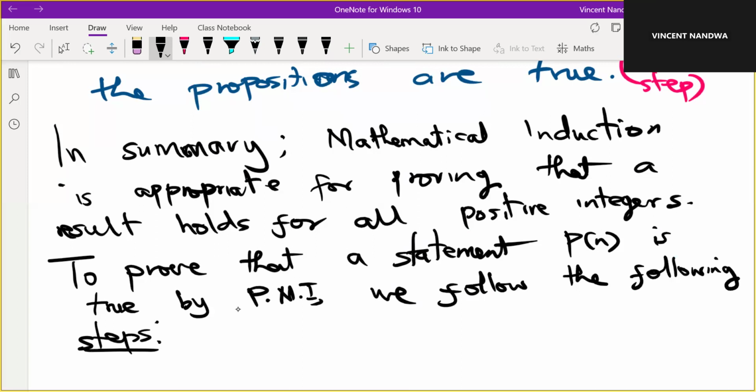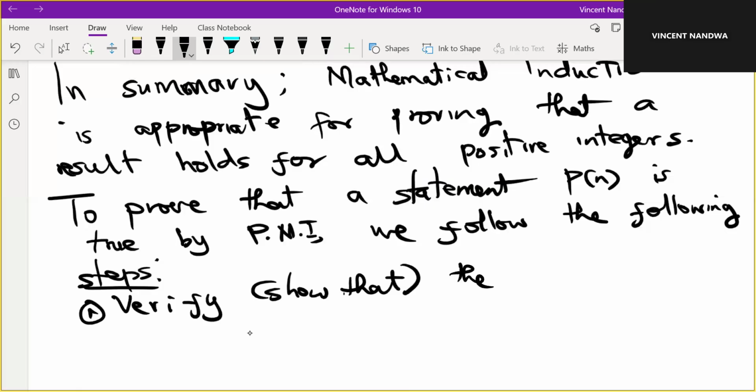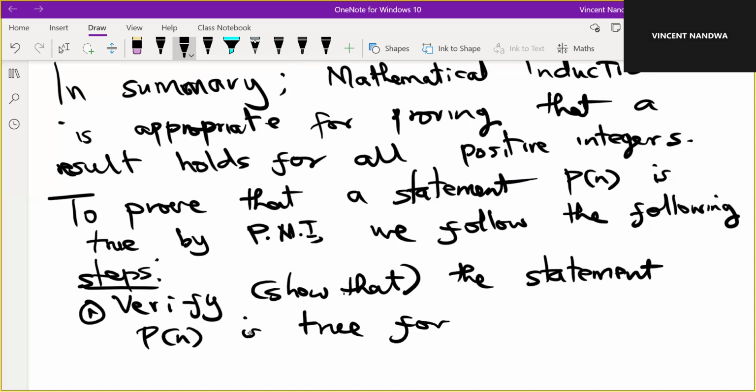So once you have given the name P of n, then the first step, verify or show that the statement P of n is true for n equals n naught, where mostly n naught is taken to be 1.